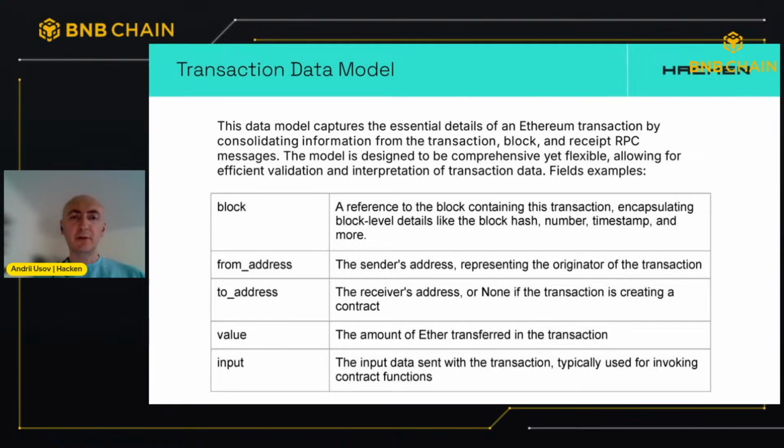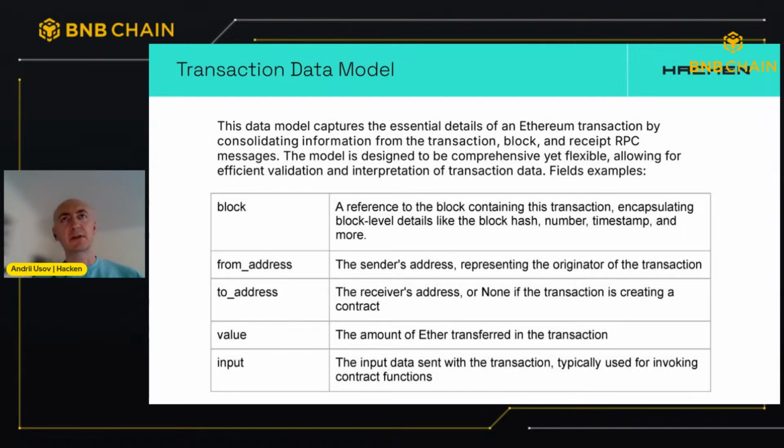And if we talk about the transaction which we receive as part of this callback function, that's what I mentioned before. Unified transaction data model means that we are storing in this single message information from RPC messages. So we unite transaction, block, and transaction receipt in one message.